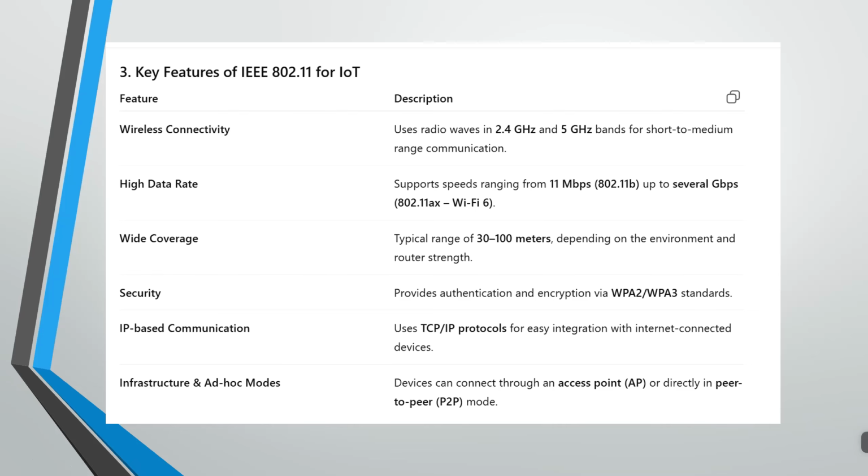It's a wireless protocol which works at 2.4 gigahertz to 5 gigahertz bandwidth. It is short to medium range communication. Basically, for example, I have a small garden in my home wherein I have put a CCTV camera, but I don't want to connect a wire to that.